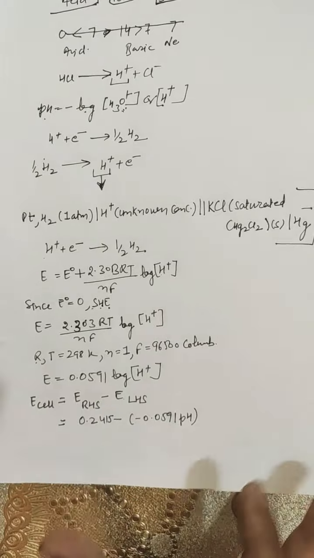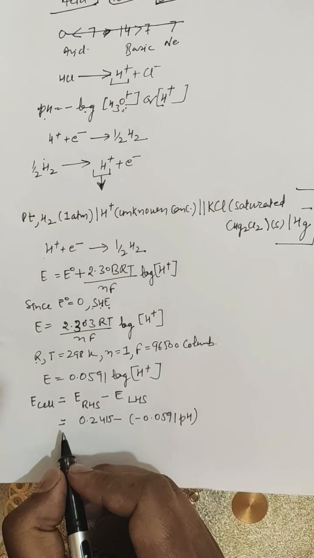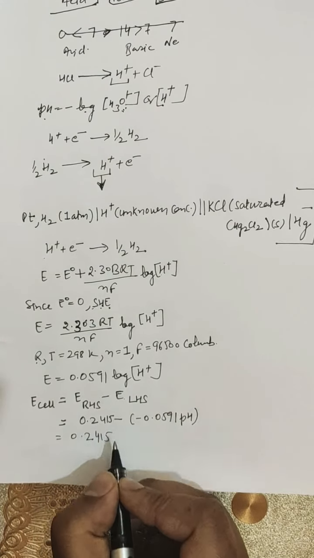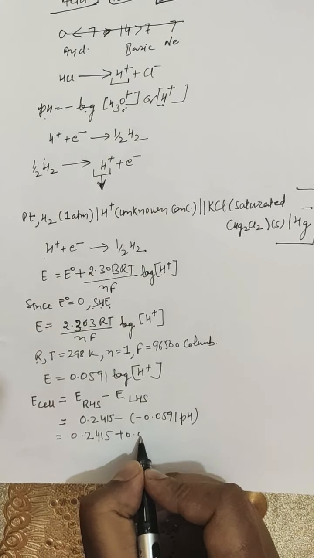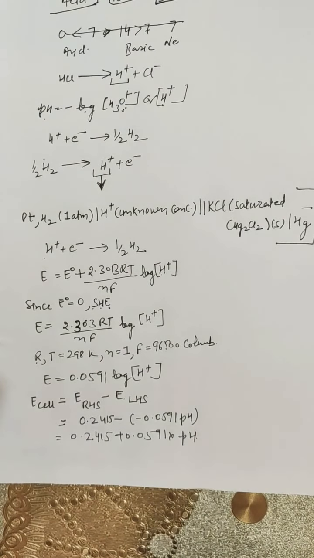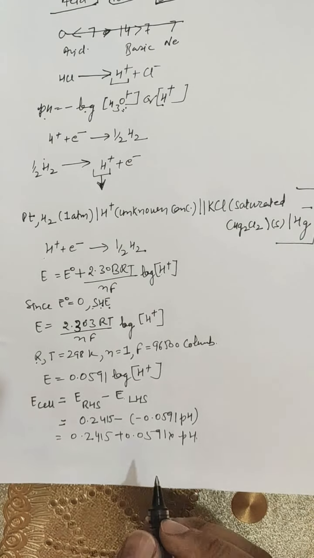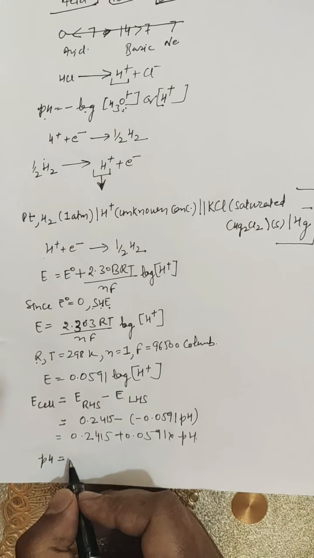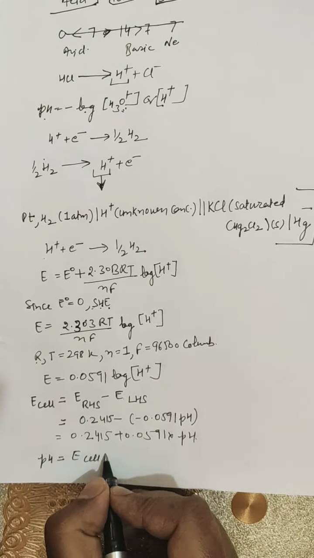So further it becomes equal to 0.2415 plus 0.0591 multiplied by pH.